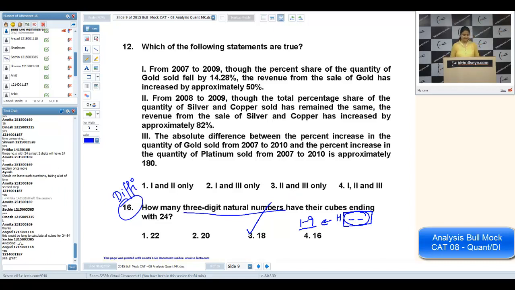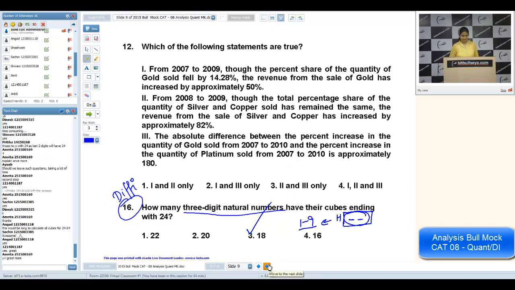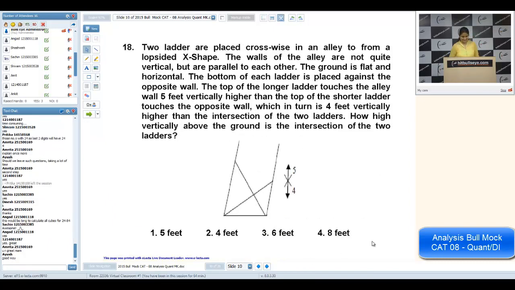Okay, let us move. Thank you, Amrita. Okay, let us move. Question number 18. Again, I'm very much comfortable in similar triangles. There is a tip.